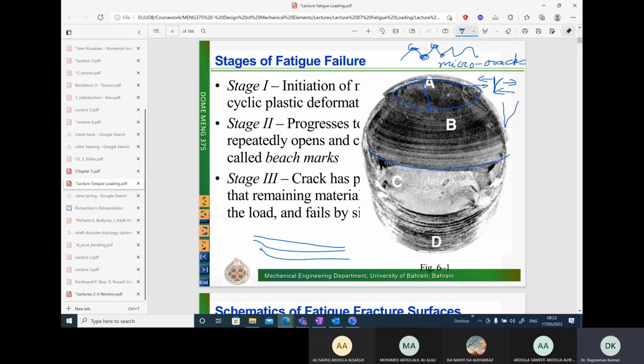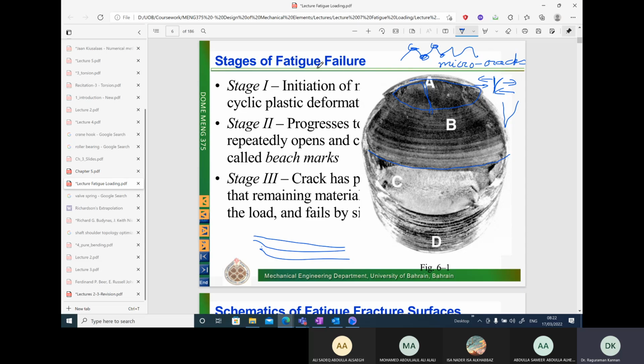So at stage 3, the material at the joint here has become brittle because of the strain hardening phenomenon. At this stage, there is catastrophic fracture and immediately the material will fracture because it cannot carry the entire load. Okay, so this is stage 3 of the crack.